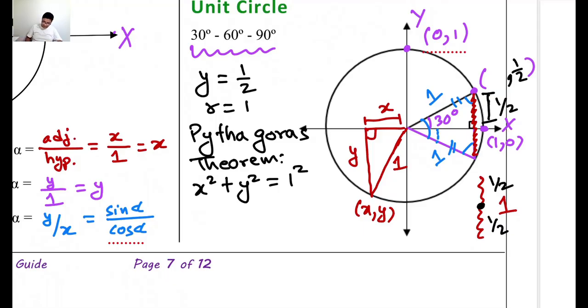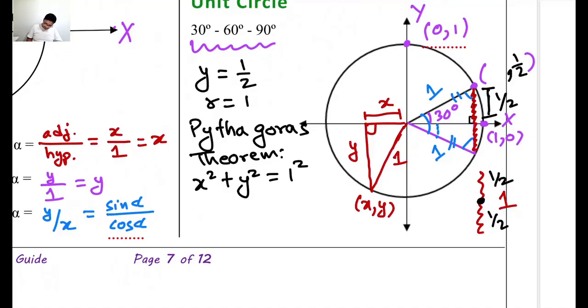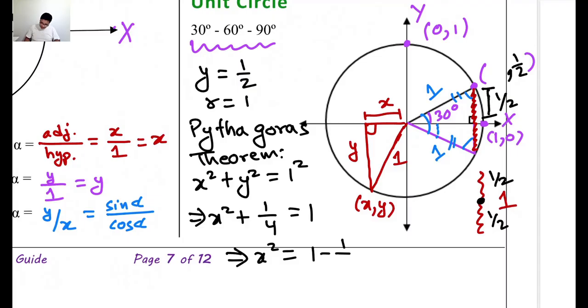So if you apply that there, you get x square plus y, which is half, squared, 1/4, equals 1. If you solve it now, x square will be 1 minus 1/4, which is 3/4. And that gives you x equals plus or minus root 3 divided by 2.